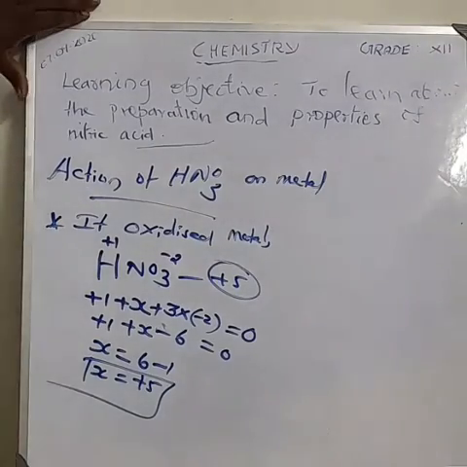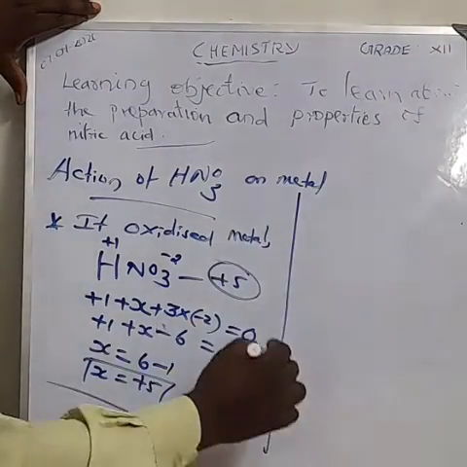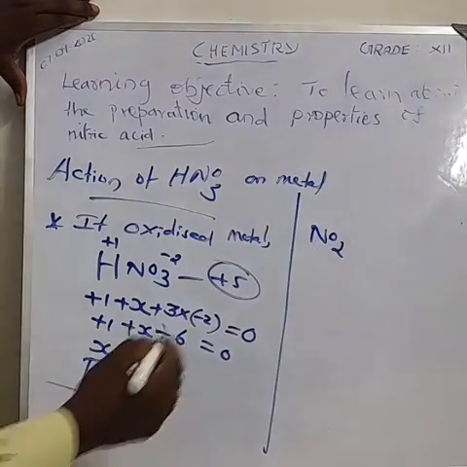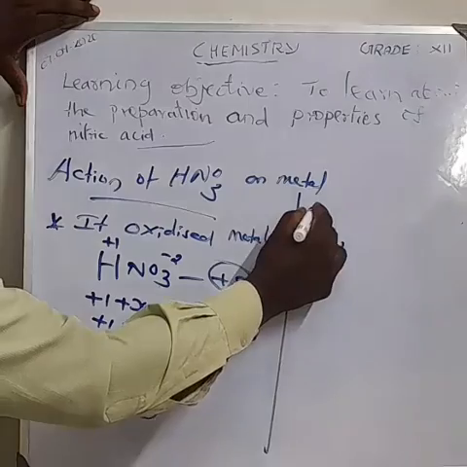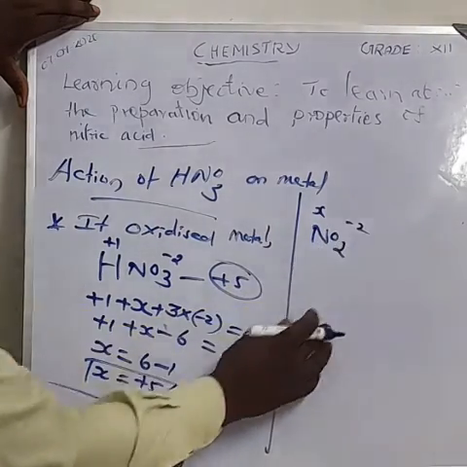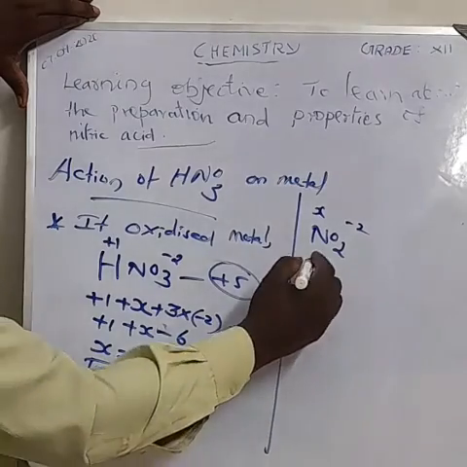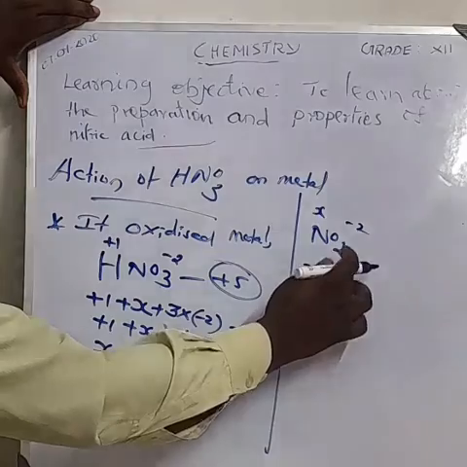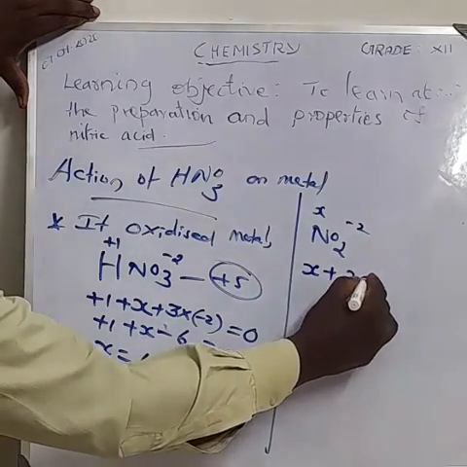Next, the NO2. What is the oxidation state of NO2? Can you say the answer? Nitrogen is taken as X, and oxygen is taken as -2. So how do I write? X plus, how many oxygens are there? 2 oxygens, so 2 into -2.